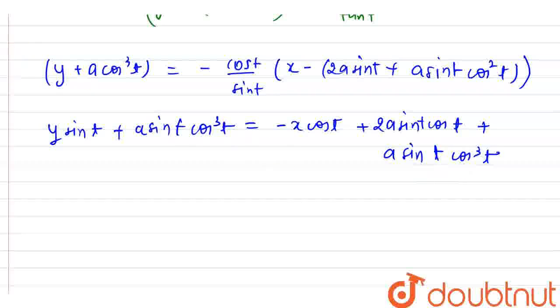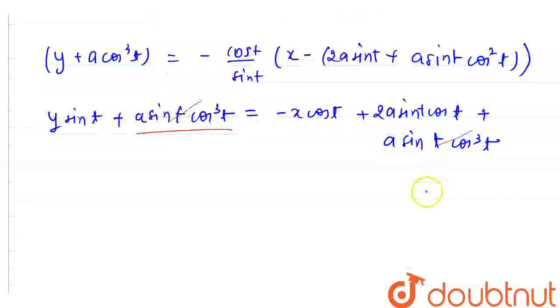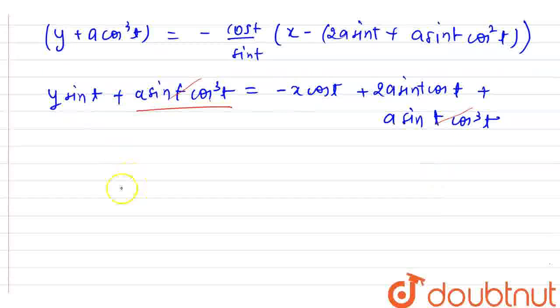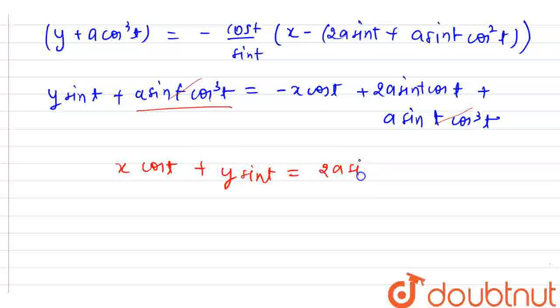Now if you can see, when we take this thing over here, this will be negative and this will cancel out this thing. From here I can take this over here, so it will be x cos t plus y sin t, it will equals to 2a sin t cos t.